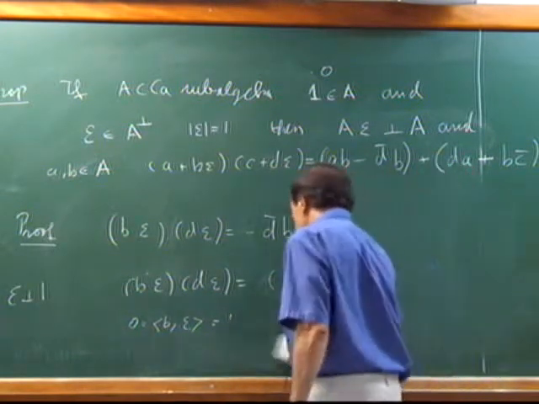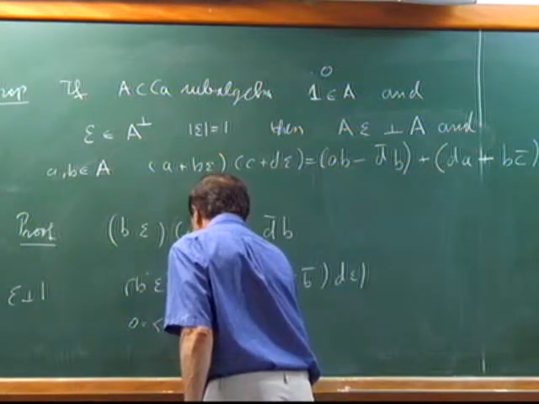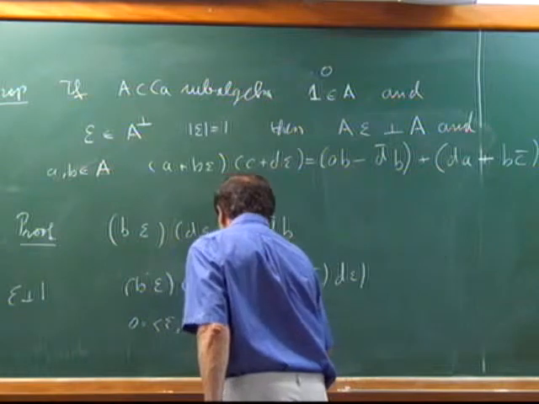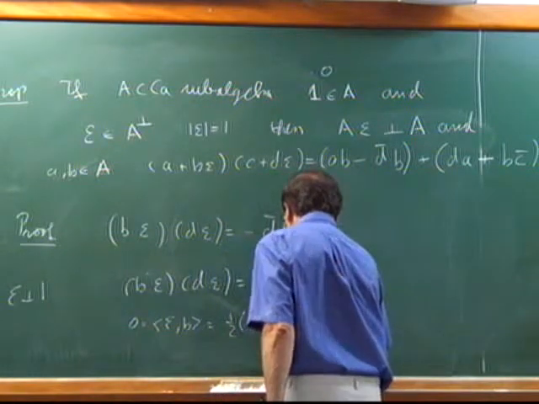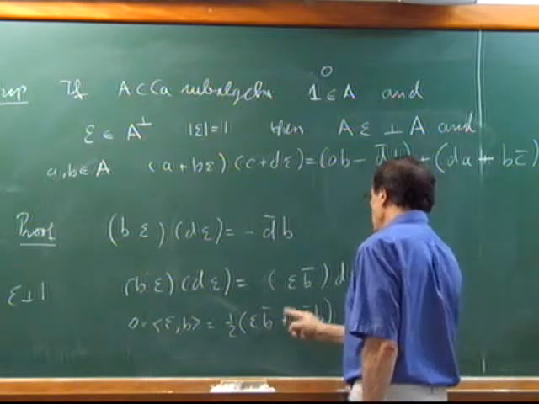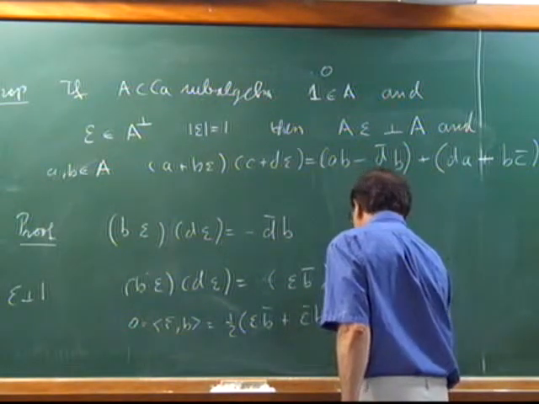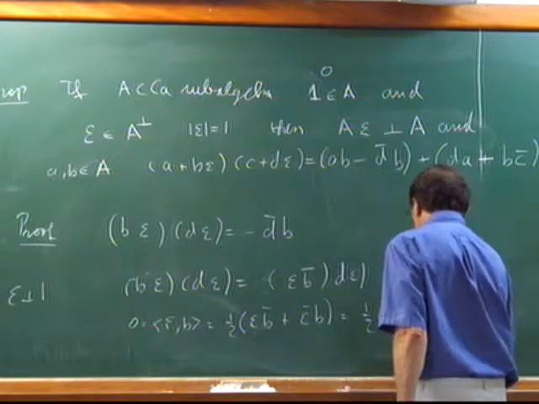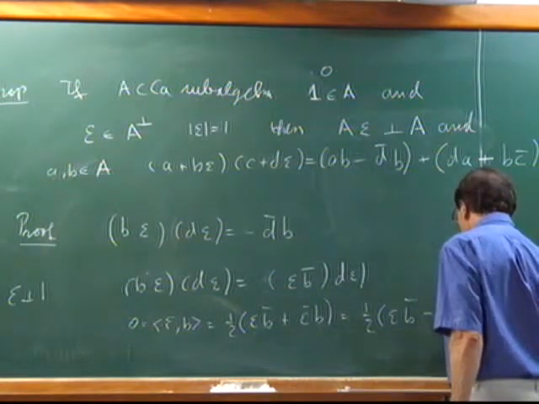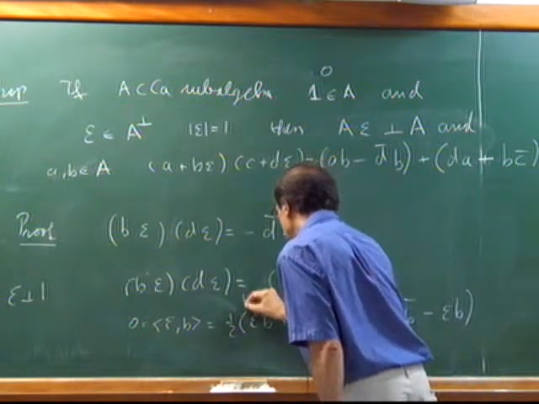Let's see. And now I have an epsilon B bar here, and this is minus B epsilon. Okay. That implies this equation right here, that these are equal.